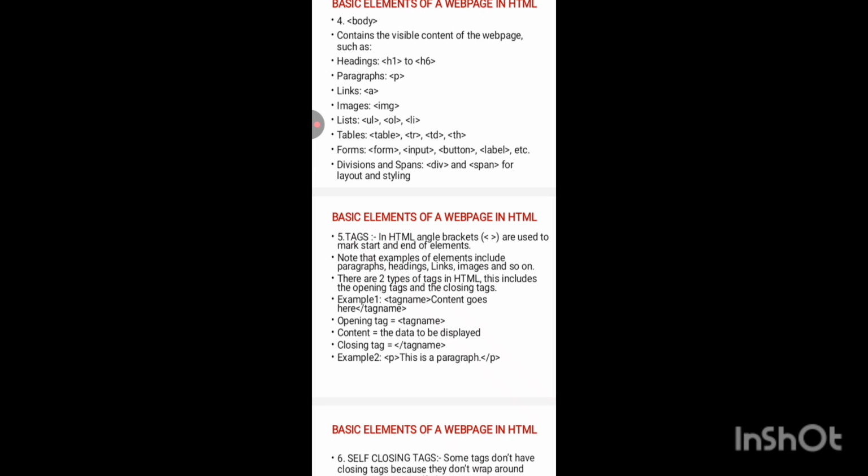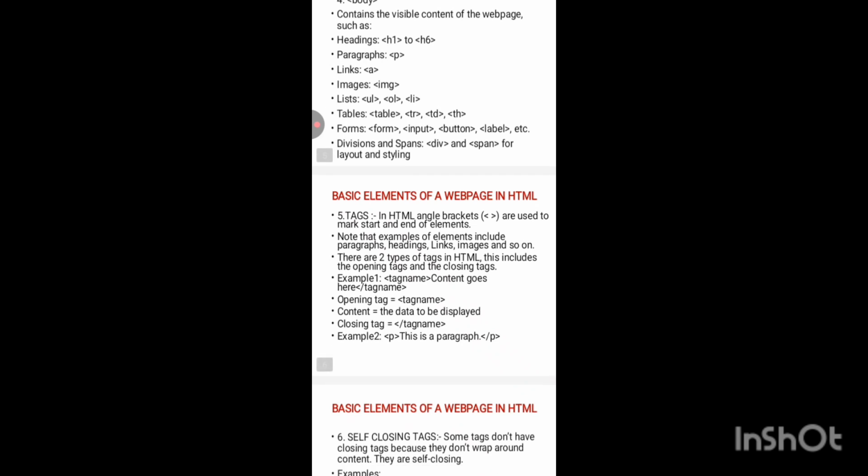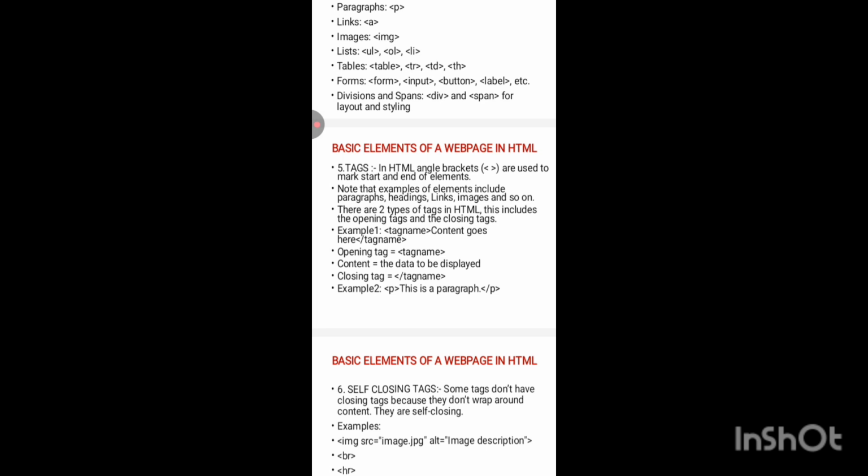We have the TD, which is the table data, and the TH, which is the table head. All those are elements that represent a table, which is found in the body of the web page. We have forms, and we also have divisions and spans, which are used for layout and styling.